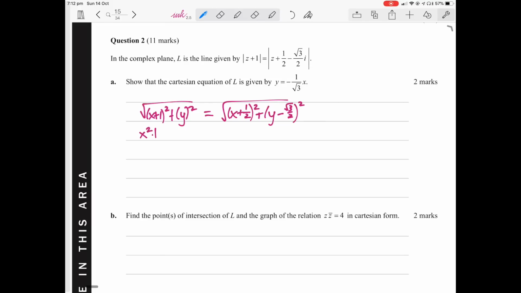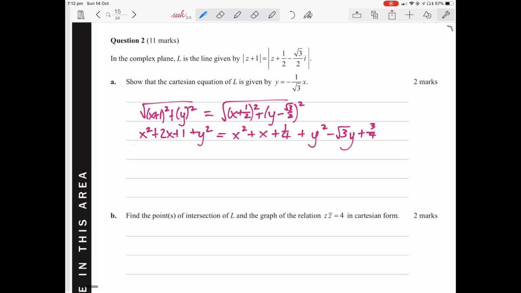So I get x squared plus 2x plus 1 plus y squared equals x squared plus x plus 1/4 plus y squared minus root 3y, and then plus 3 on 4.